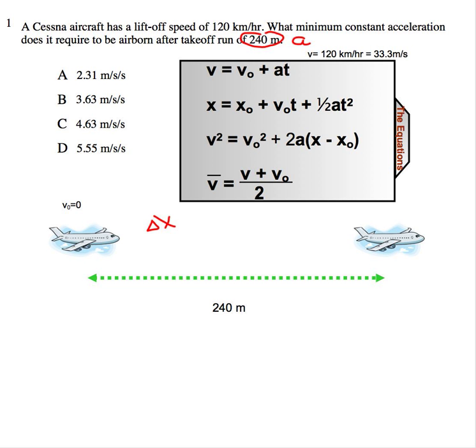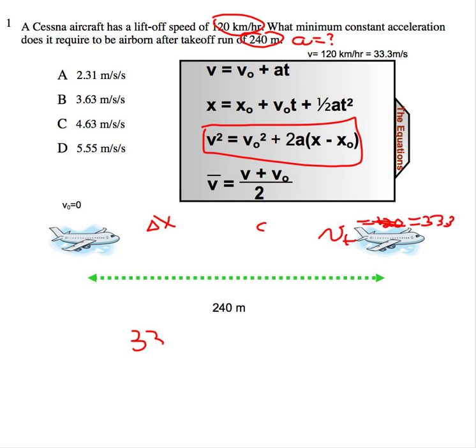We want to find the acceleration. And the final velocity is 120. So when it gets over here, its velocity is 120. So these three things are given, and we're looking for... I'm sorry, not 120, but 33 1/3, 33.3 meters per second.